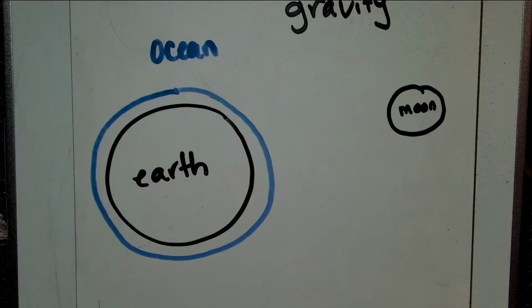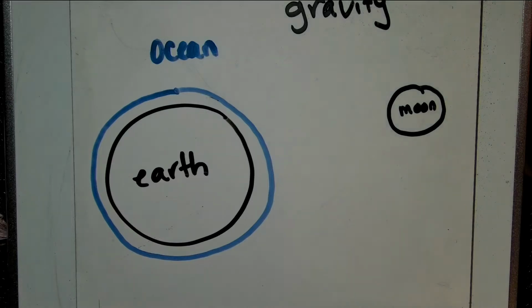And so a couple of the variables that come into play with gravity are the size of the object and then also the distance of the object. So we are focusing on the moon in relation to Earth because the moon is so close to Earth. Of course, the sun also plays a small role since it is such a large, massive object. But for today, we're just going to have a simple explanation focused on the moon.